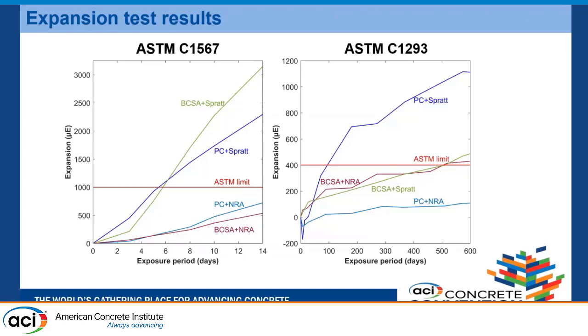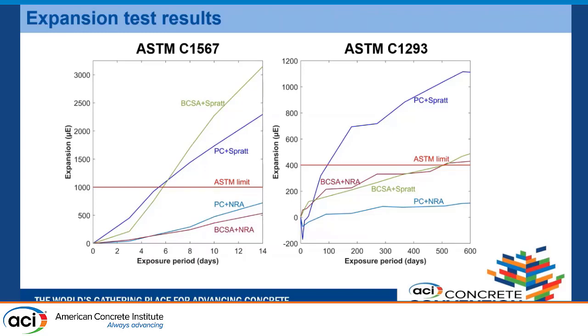Let's start with the non-reactive mixes, Portland cement and BCSA. Here NRA is non-reactive aggregate. We can see that the performance is good, they qualify the test and are not ASR reactive. That's expected, because they don't have reactive silica to promote ASR.